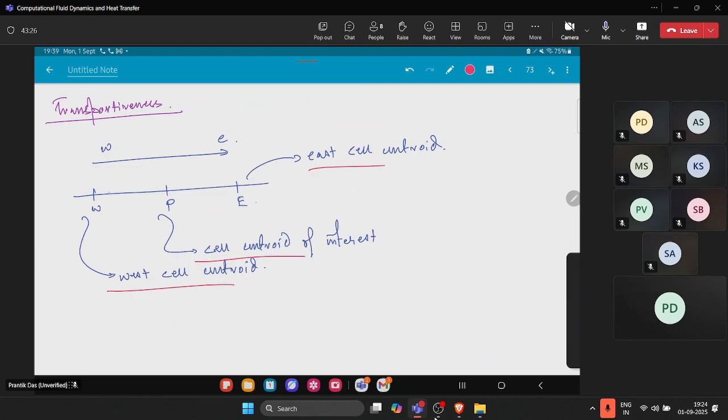So what typically happens is that my equation comes in the format of AP phi P equals AW phi W plus AE phi E.